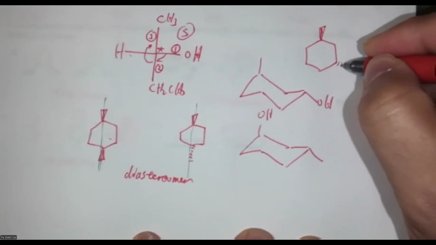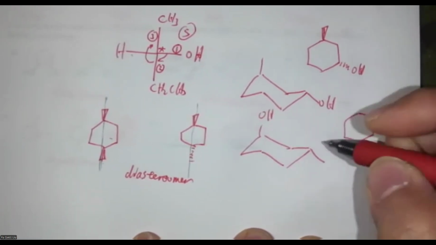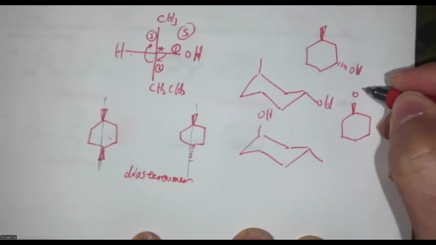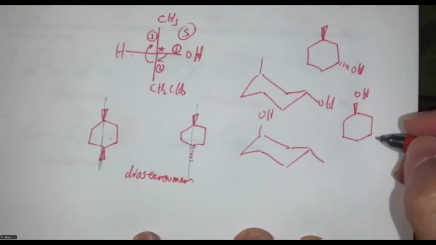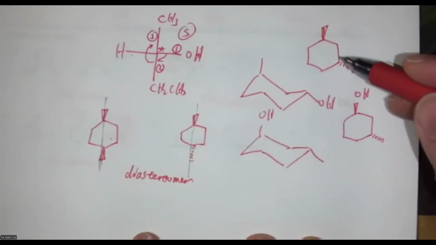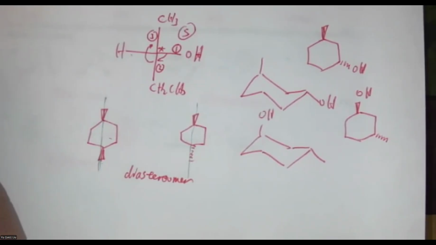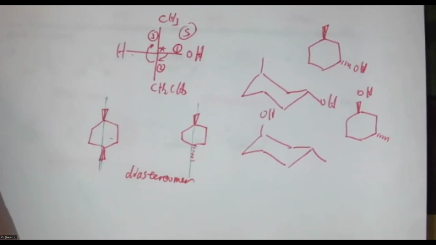This one going down should be dash. Similarly, another one should be wedge, and this one should be dash. Once you convert this to the wedge-dash planar structure, it's pretty easy to identify their relationship.